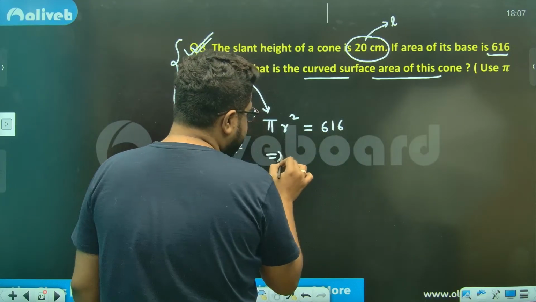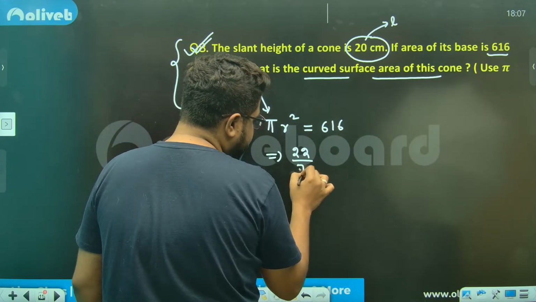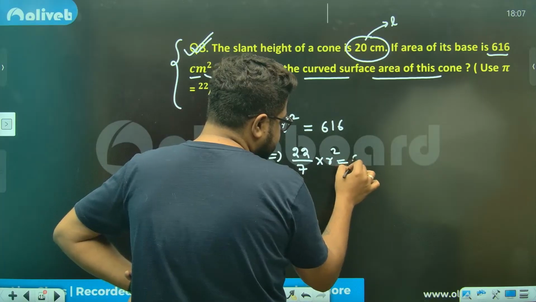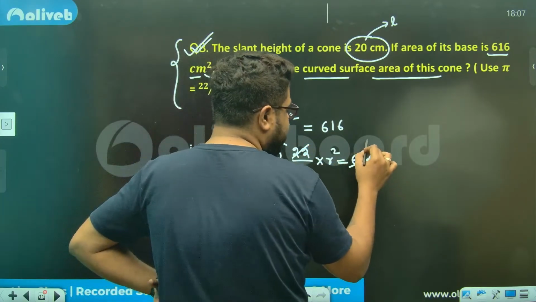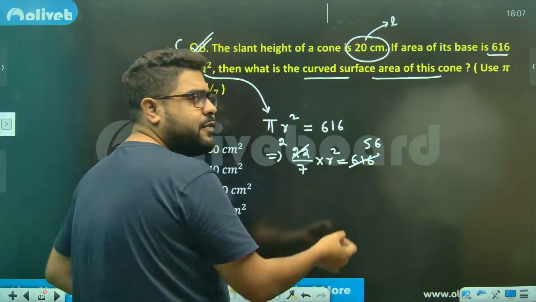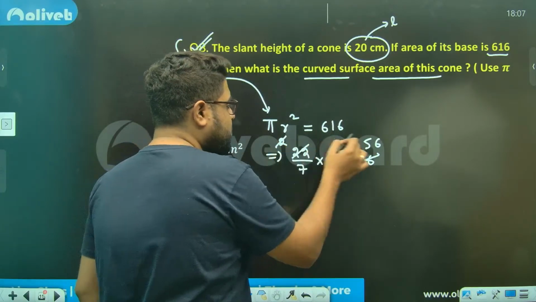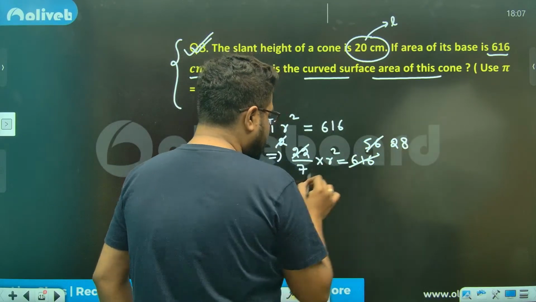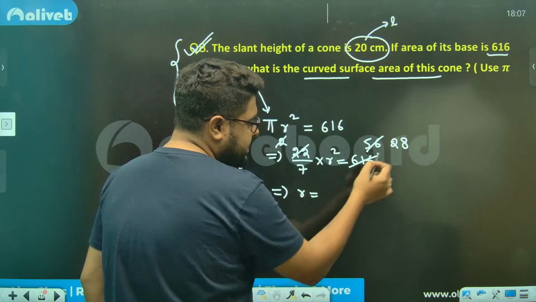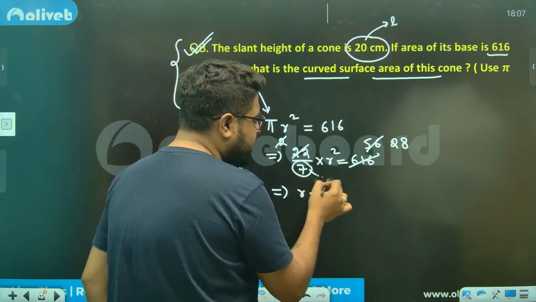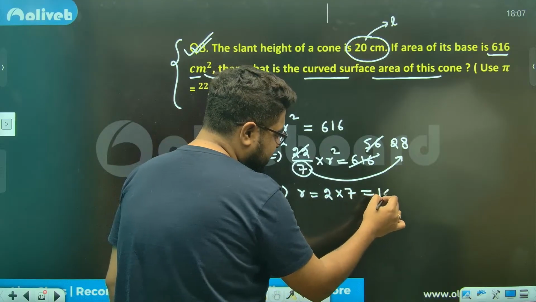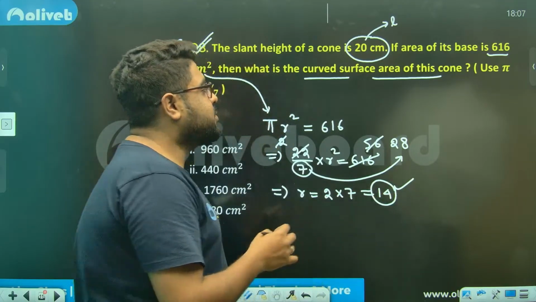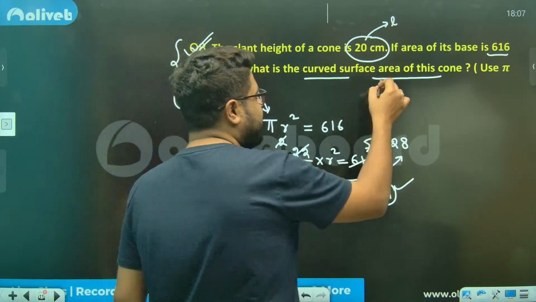Pi r square means 22 by 7 into r square. 11 twos are 22, 11 fives are 55, 6 more. So again 28. R will be 4 into 7, and this 7 will go to the other side, so it becomes 2 into 7, that is 14. R is 14.